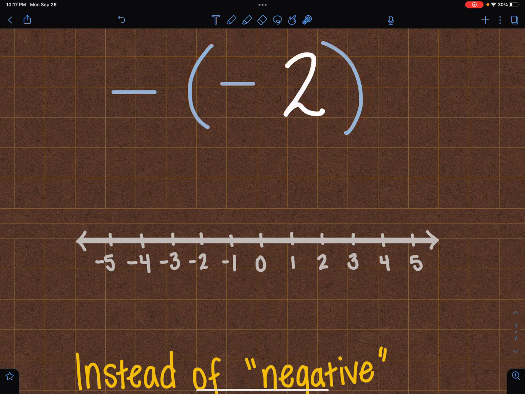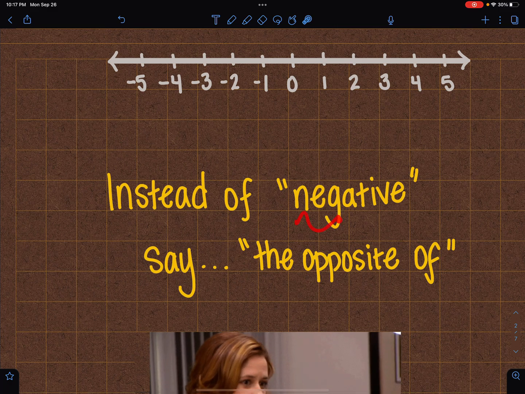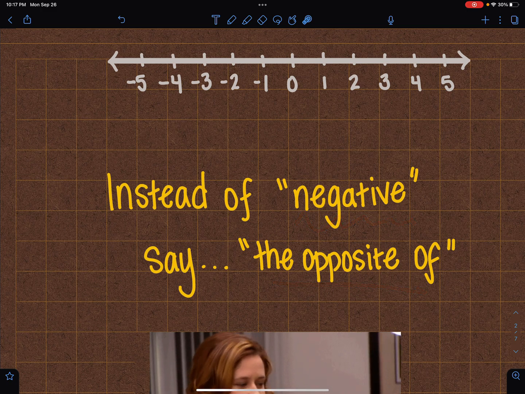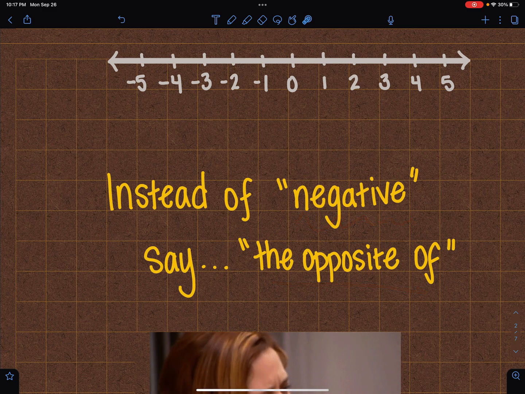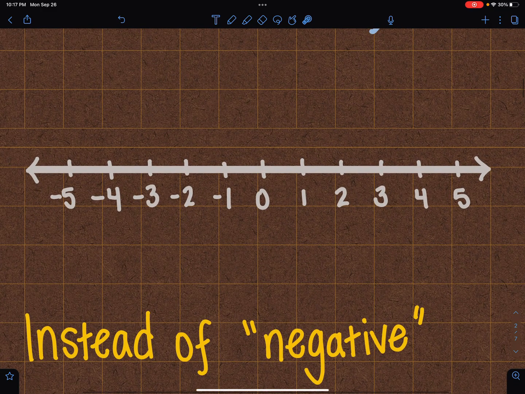The opposite of the opposite is back to the regular 2. So you've got to keep track of those kinds of things in your mind. So instead of saying the word negative, like negative 2, say the opposite of. Get it?